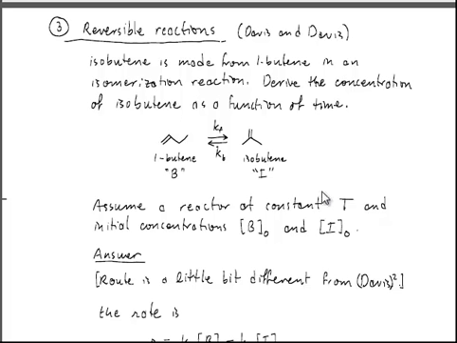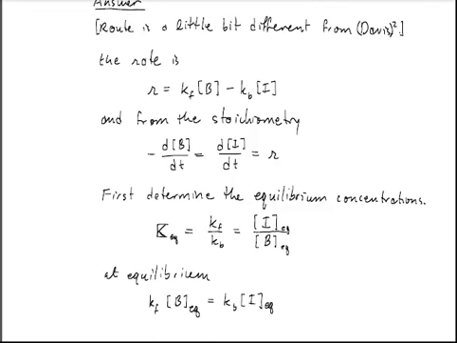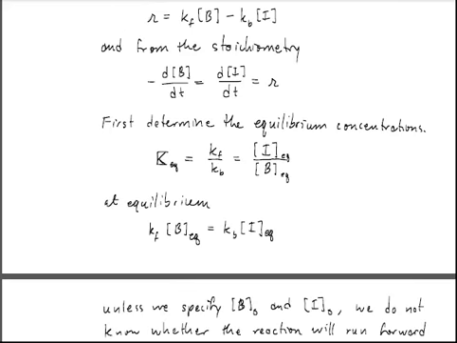Okay, so we have a reactor at constant temperature and initial concentrations B0 and I0 of 1-butene and isobutene respectively. So again, I'm going to take a route doing this problem that's a little bit different from the one in Davis and Davis, but the answers that I get are all the same.